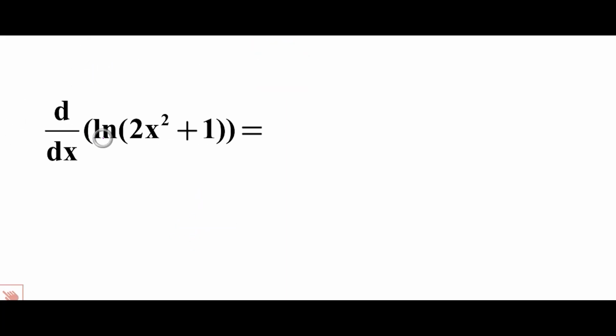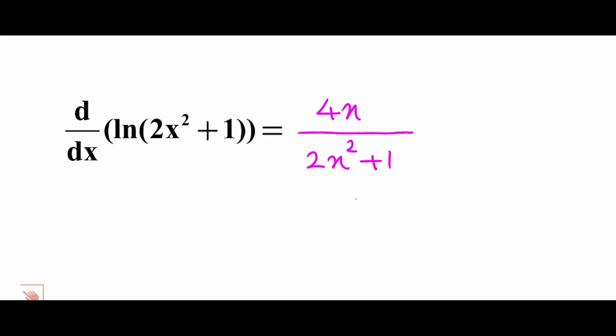Okay? The derivative of ln of 2x squared plus 1 is equal to, the derivative of 2x squared is 4x and the derivative of 1 is nothing, over 2x squared plus 1.